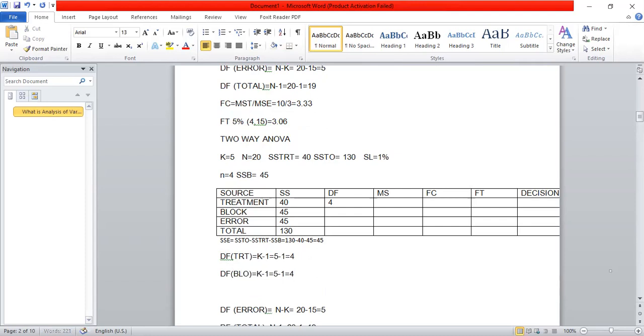According to the formula, it is the number of blocks minus 1. So small n minus 1. What is our small n? How many blocks do we have? So 4 minus 1 is 3. So here, that's a 3 here.